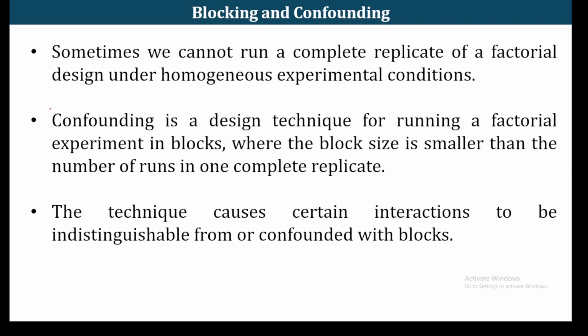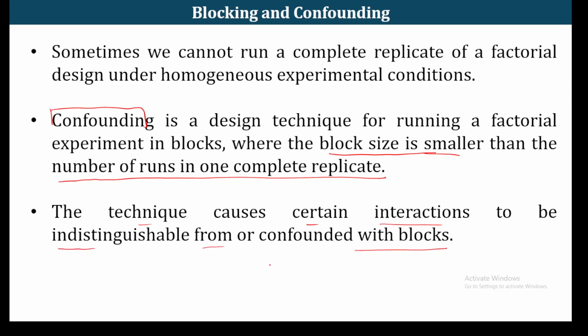So we use the confounding design technique for running a factorial experiment in blocks where the block size is smaller than the number of runs in one complete replicate. So actually this technique causes certain interactions to be indistinguishable from, or confounded with, the blocks.